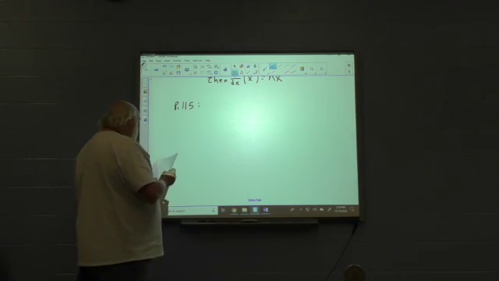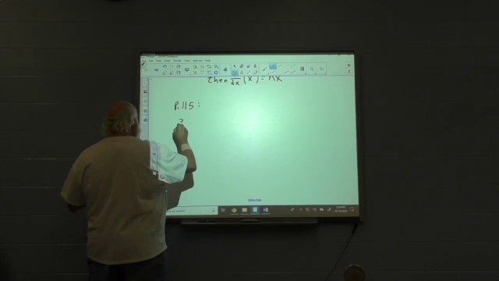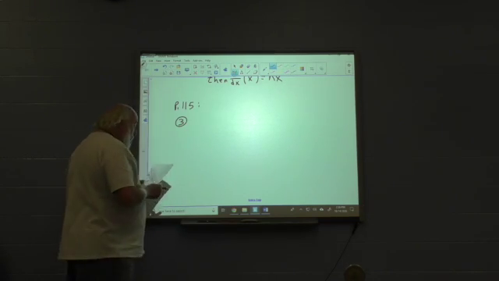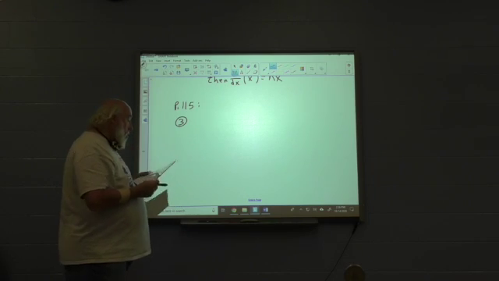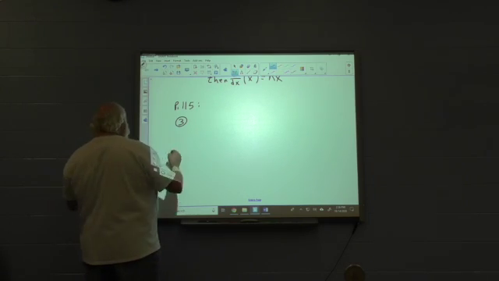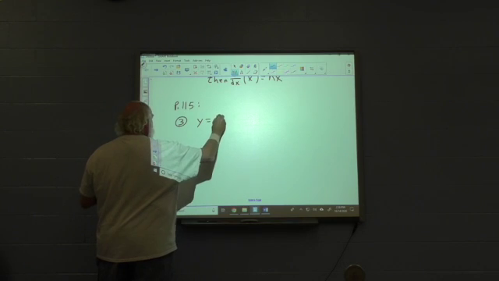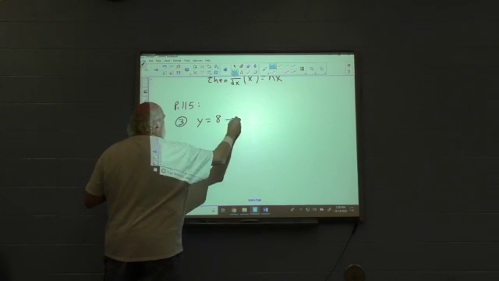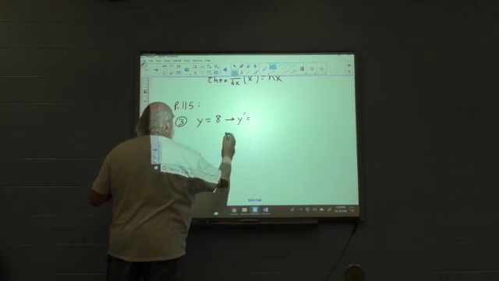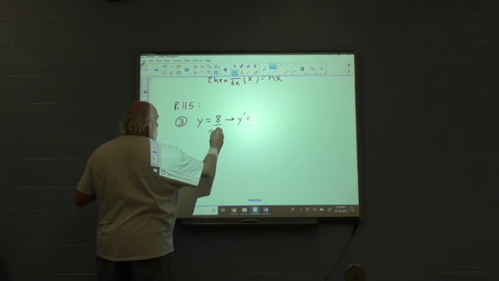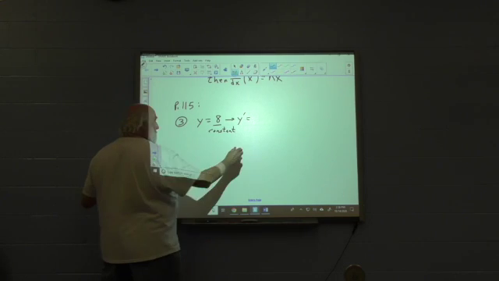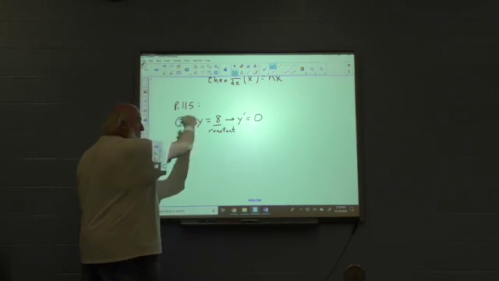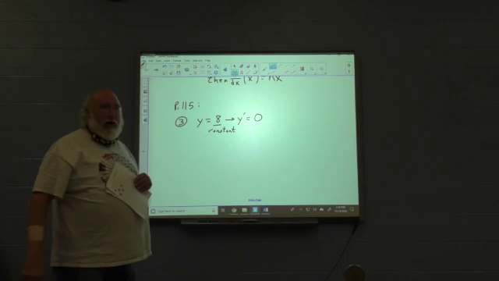We take a look at problem number 3, and we're going to differentiate, or find the derivative of, each of these equations. The first one is y equals 8, and we want to find y prime. Well, this is a constant. It's not going to change, no variable involved with it, so this is going to have a slope of 0. It's just a straight line going across the y-axis at 8.